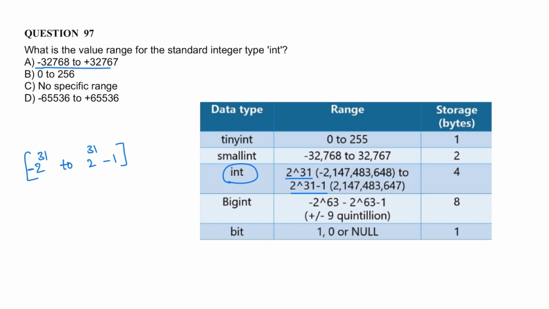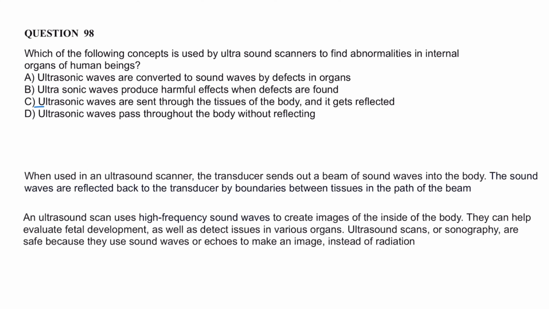Next question. Which of the following concepts is used by ultrasound scanners to find abnormalities in the internal organs of human beings? In these ultrasound scanners, ultrasonic waves are sent through the tissues of the body and get reflected. The transducer sends out a beam of sound waves into the body.